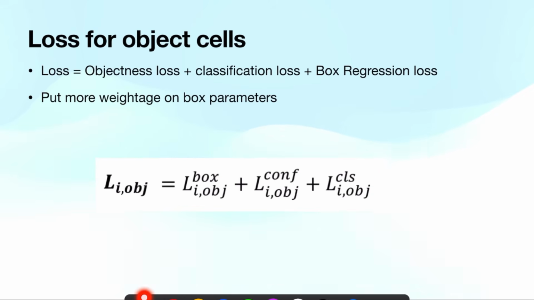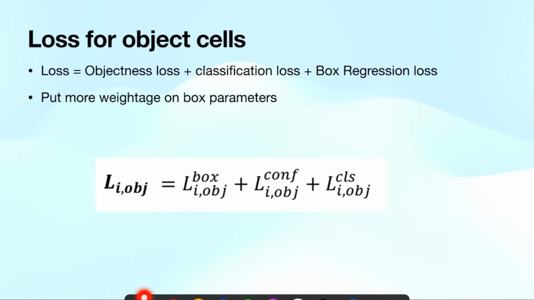Now let us break down the loss function for the cells which have objects. If I have an object in a particular grid cell, it will have the box coordinate values, the objectness score, and the class probabilities. The paper puts more weightage on the box coordinates compared to the other 2 scores, because those are probability scores and box coordinates are real values.